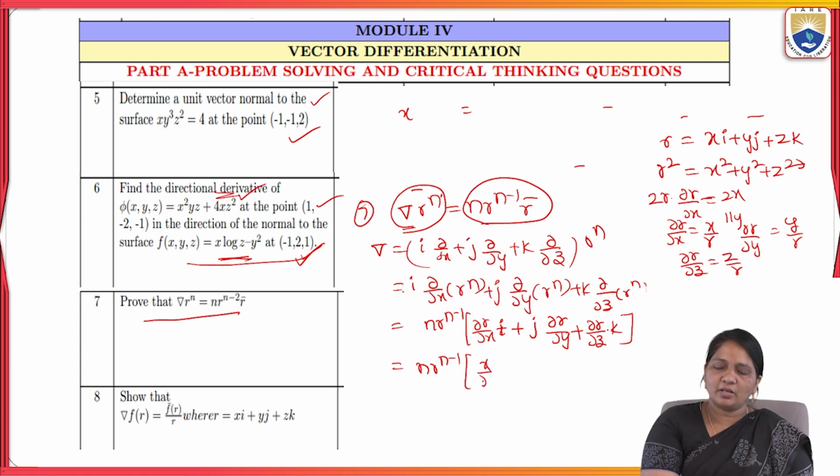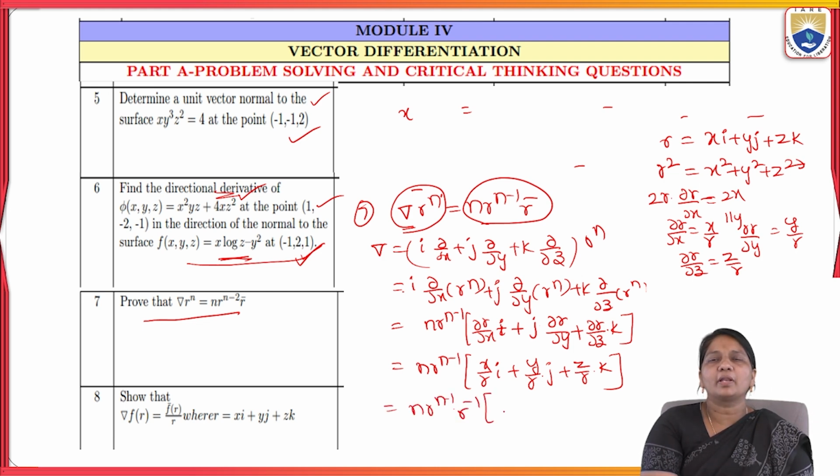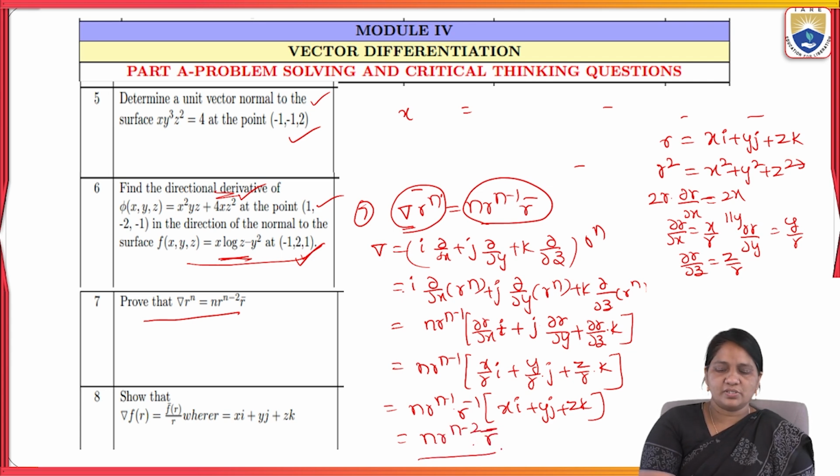So x by r into i plus y by r into j plus z by r into k. So n into r^(n-1), one more r^(n-1), so xi + yj + zk. So finally this is n into r^(n-2) into r bar. So this is the flow.